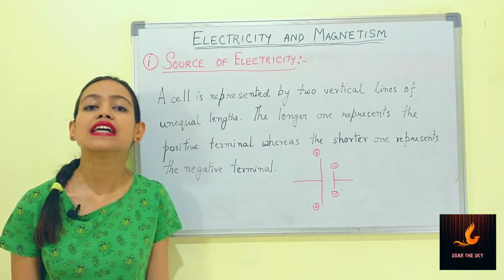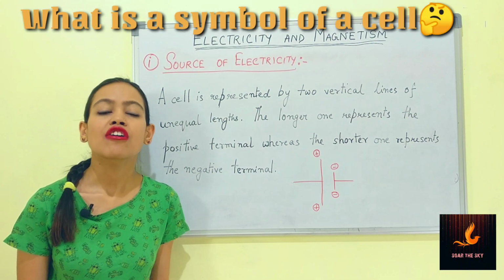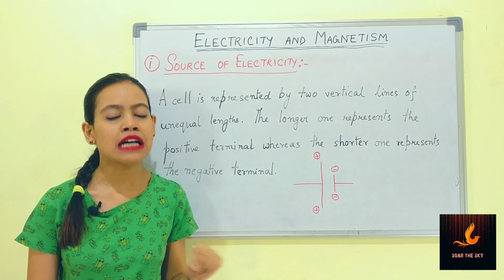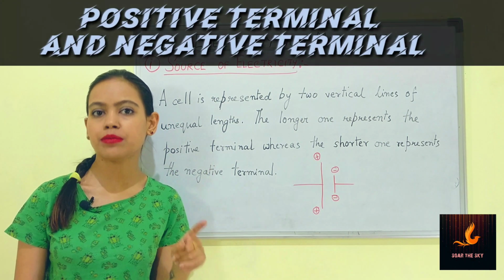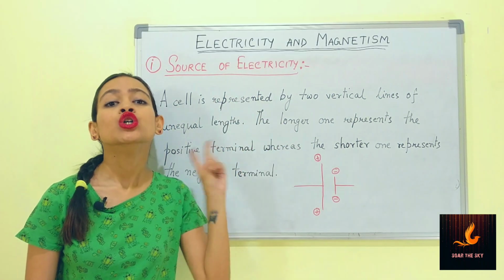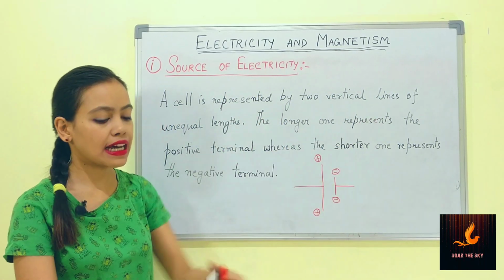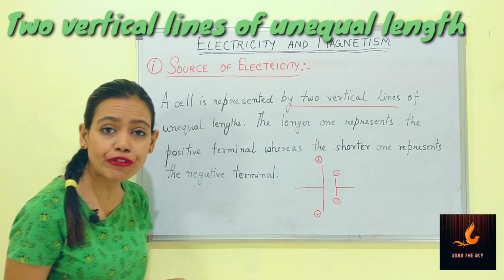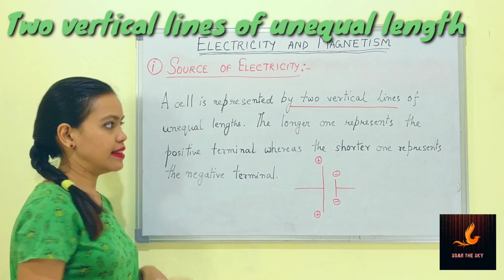So what is the symbol of a cell? We already know that a cell has two terminals, a positive terminal and a negative terminal. So a cell is represented by two vertical lines of unequal length.